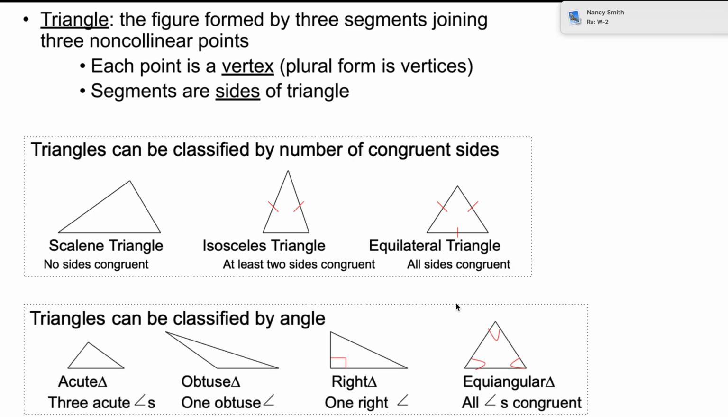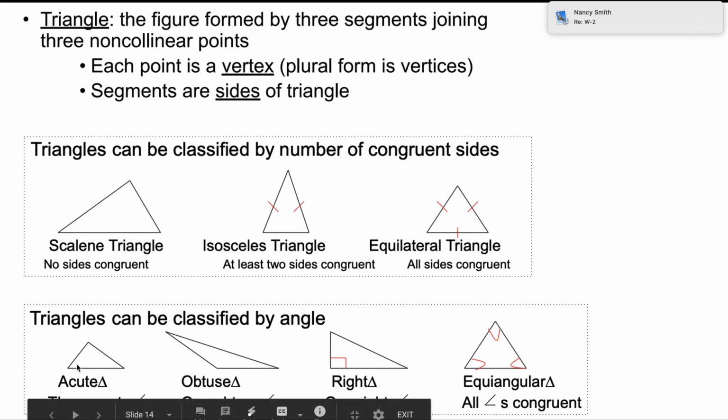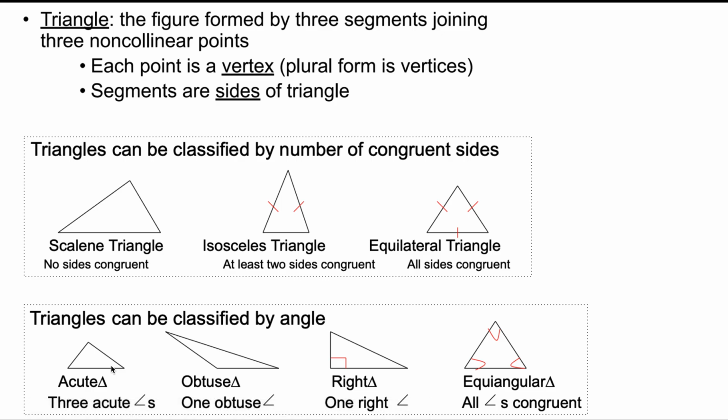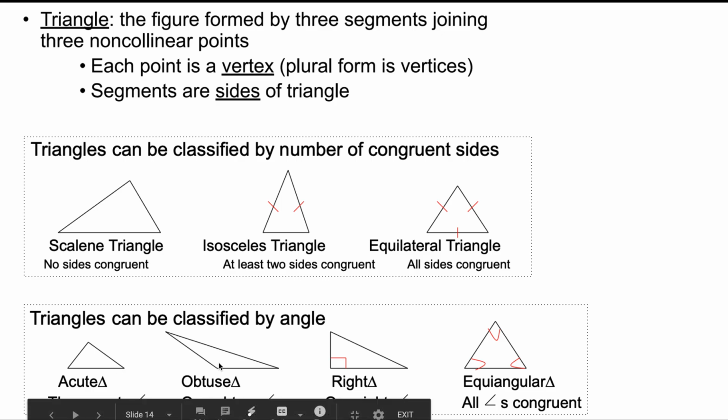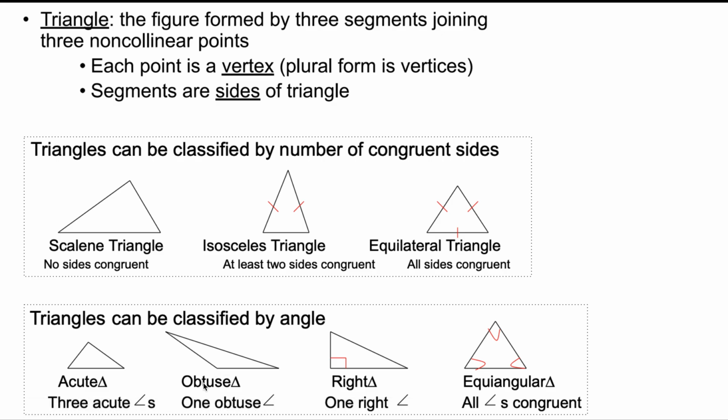Triangles can also be classified by angle. This is an acute triangle because each of these angles is less than 90 degrees. If one angle is greater than 90 degrees, we call that an obtuse triangle. If you have more than one angle greater than 90 degrees, you cannot even form a triangle.